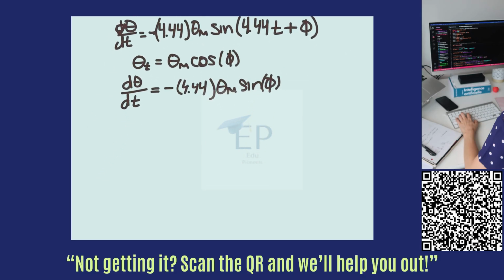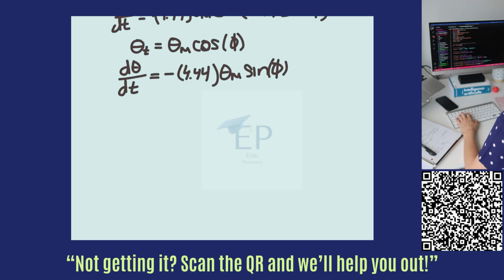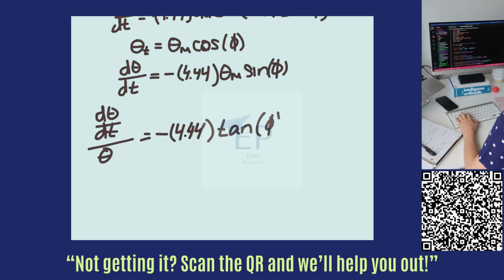We will then want to divide our two equations, and that will give us negative 4.44 rads per second tangent of phi. And we can solve for phi.